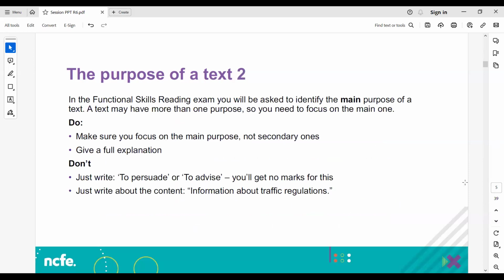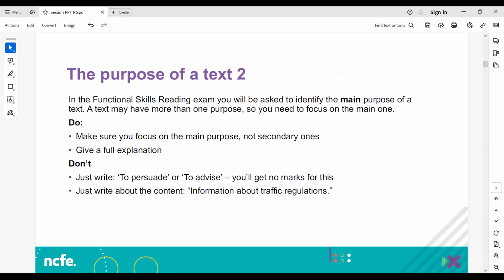Okay, so when you are doing your reading assessment, you'll be asked to identify the main purpose of a text. So there may be more than one purpose, and there often is in documents in real life as well as in the test. But you need to focus in this assessment on the main one. So do make sure in the test that you focus on the main purpose, not secondary ones.